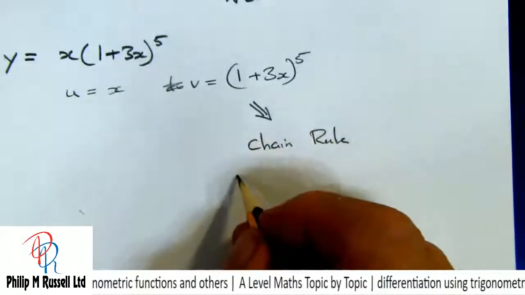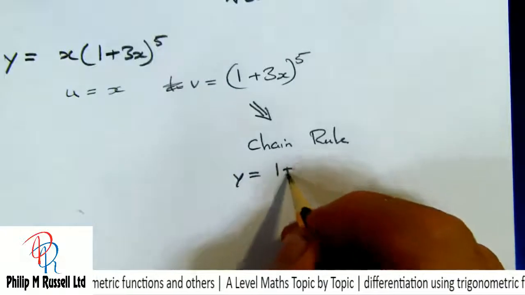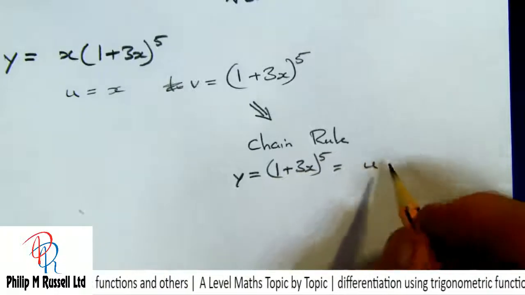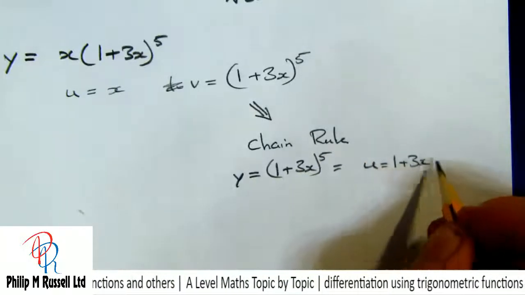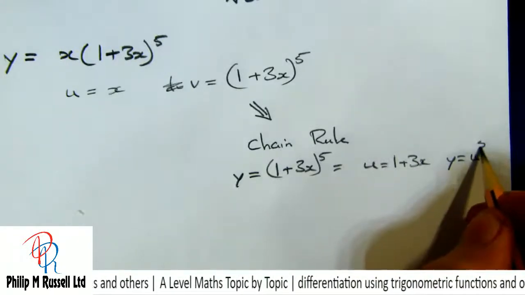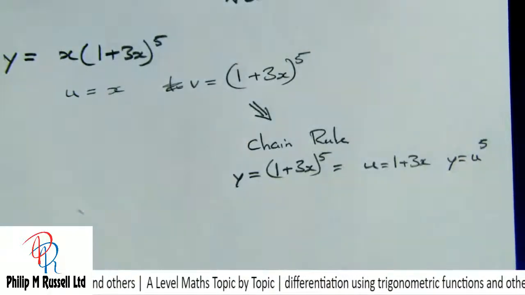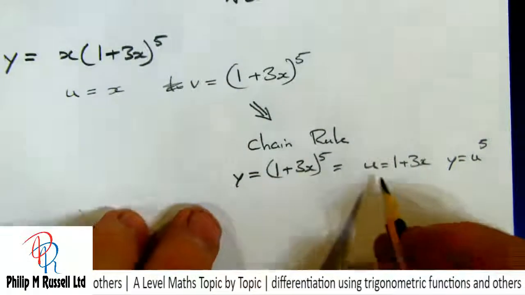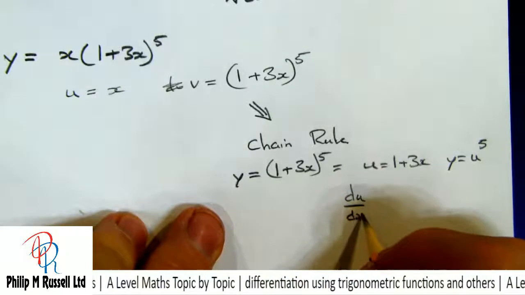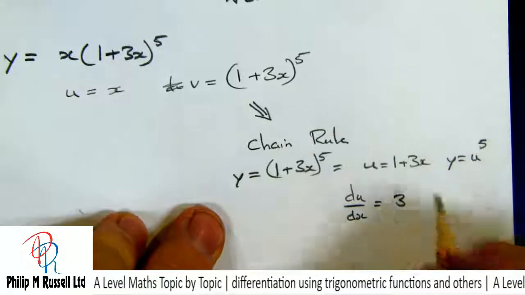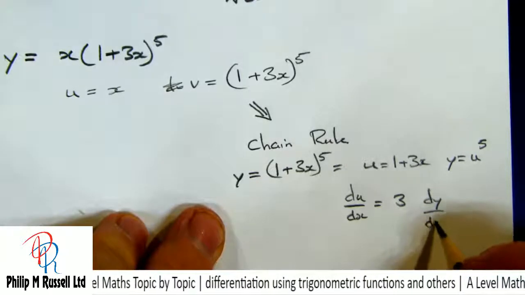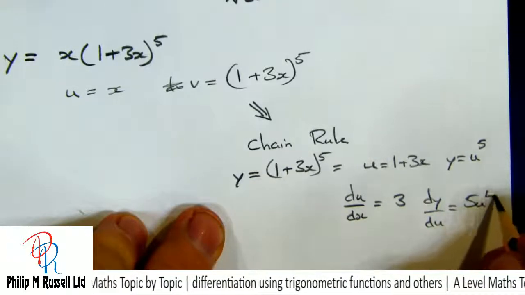So I'm going to say that y in this case is going to be 1 plus 3x to the 5. I'm going to say that u equals 1 plus 3x, and y equals u to the 5. Let's now differentiate each of these. du by dx is going to be 3, and dy by du is going to be 5u to the 4.